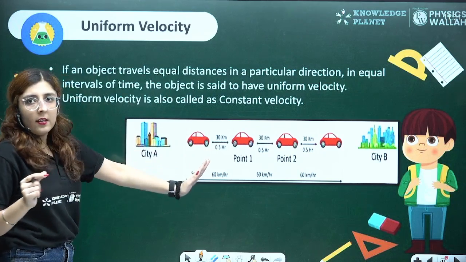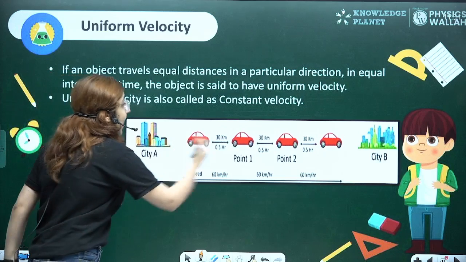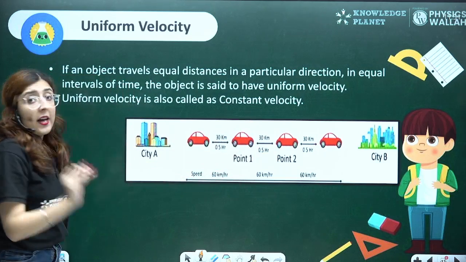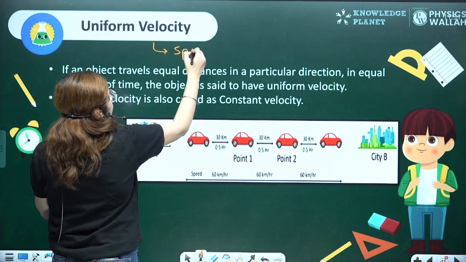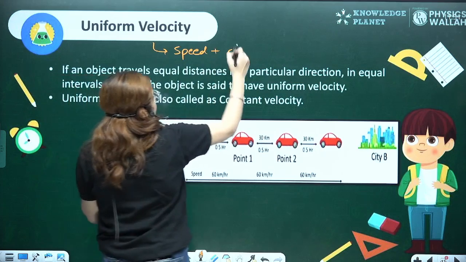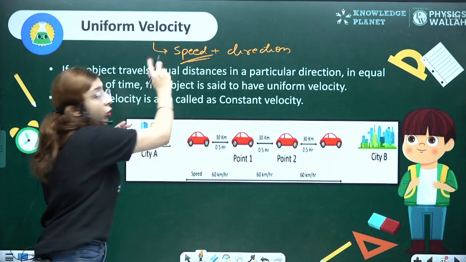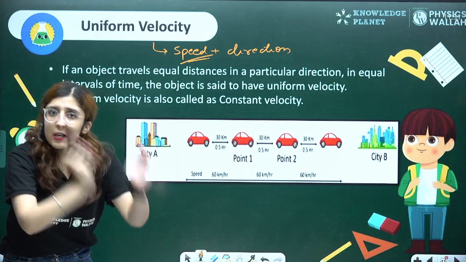Equal distances in equal intervals of time, and moreover direction also the same. Pretty much simple: velocity means speed plus direction. So to keep the speed the same, what I have to do is, of course, equal distance in equal time.